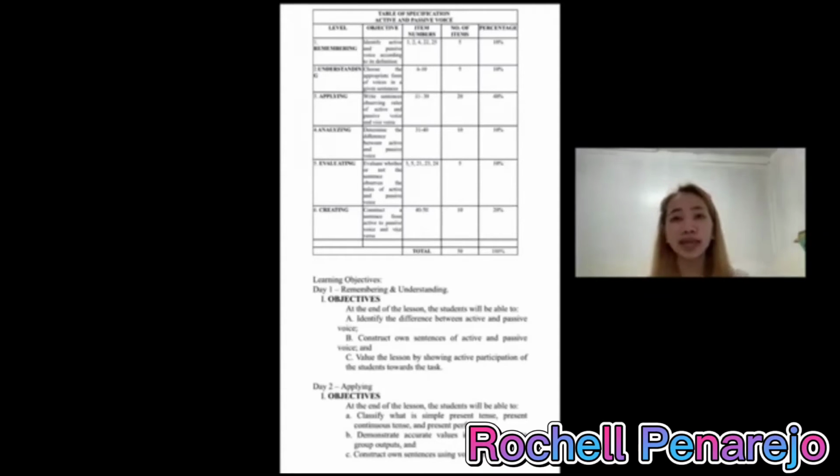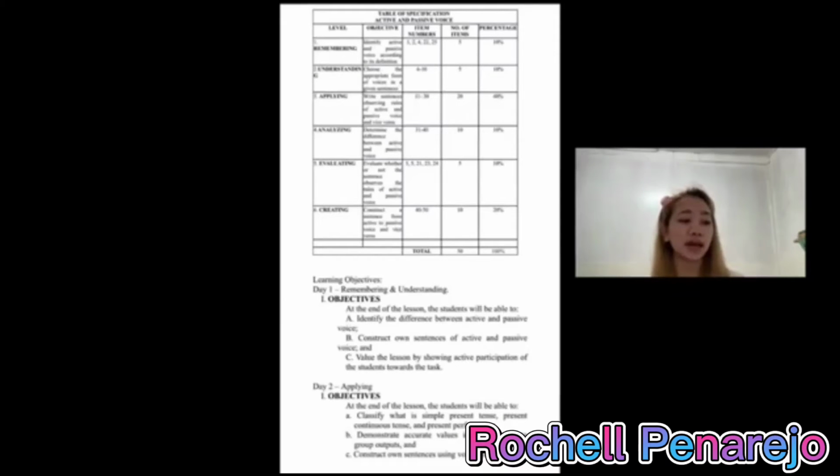So it literally connects to the table of specifications, which is remembering and understanding, because in the remembering part, the objective here in the TOS is identify active and passive voice according to its definition.